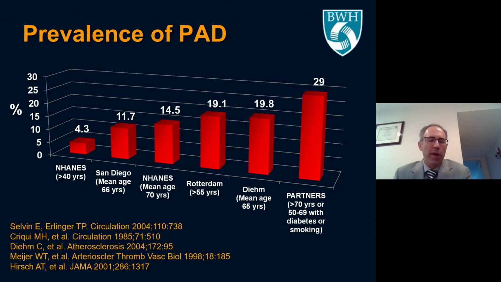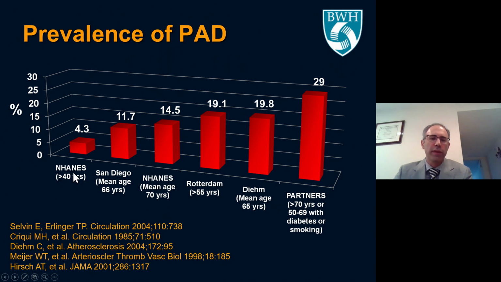So when we think about the prevalence of peripheral artery disease, one of the most obvious things that we see is when we move from a population of patients that are younger to one that includes patients above 70 years or so and that have comorbidities that we know are associated with atherosclerosis, the prevalence of PAD really shoots up. So these are a number of really large data sets and different populations within those data sets.